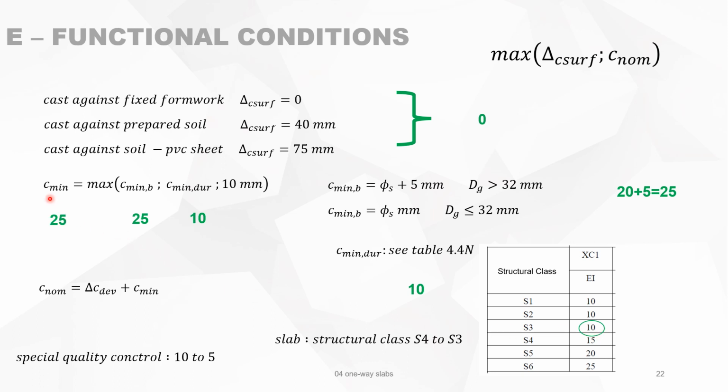So the minimum concrete cover will then at the end be the maximum of 25, 10, and 10. So it will be 25. For delta C dev, we have a special quality control in this example. So we lower it from 10 to 5, plus the 25 of C min, it gives you a nominal cover of 30 millimeters.